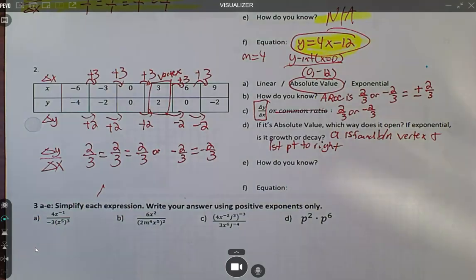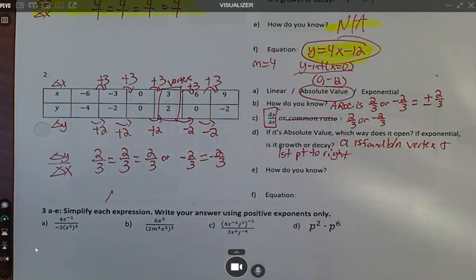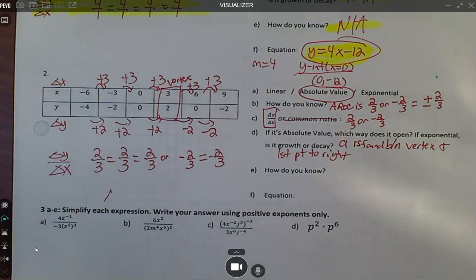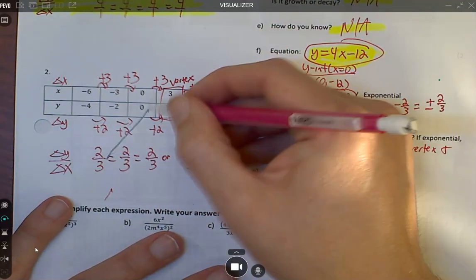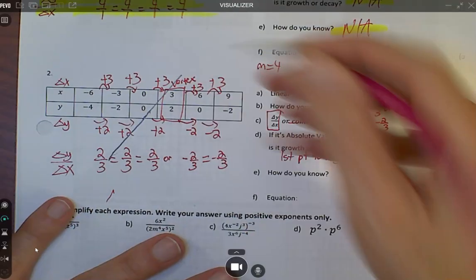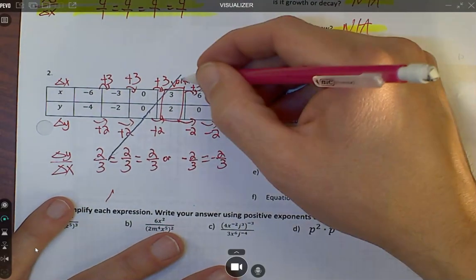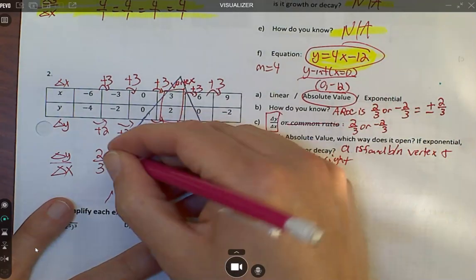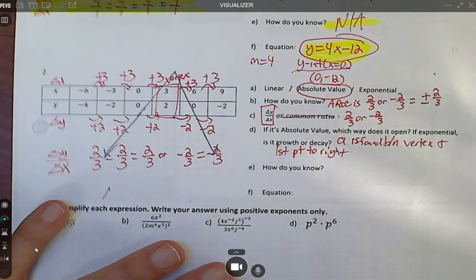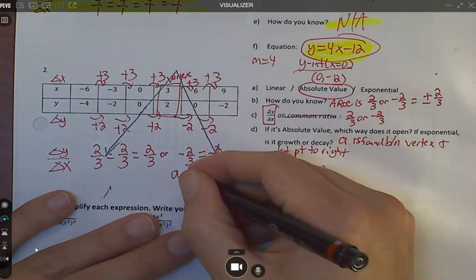The slope's 2/3, 2/3, 2/3, so it's going up. It hits the vertex and then it starts going down 2, right 3. So this one would open down. So A is this one.